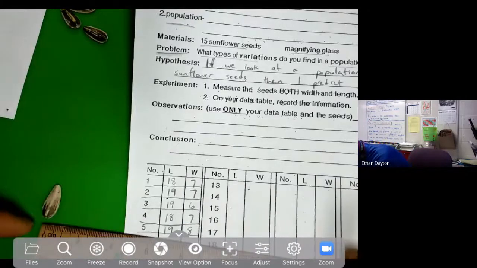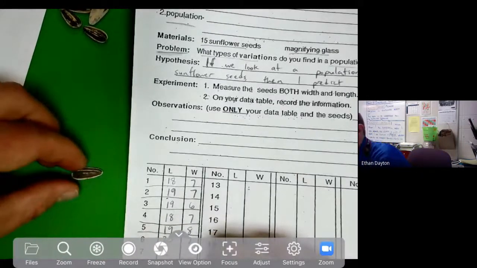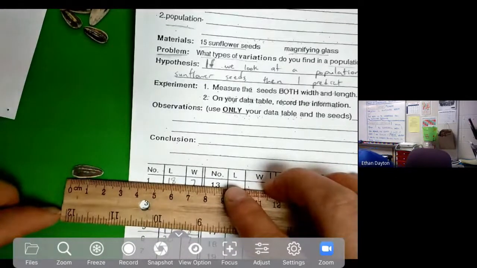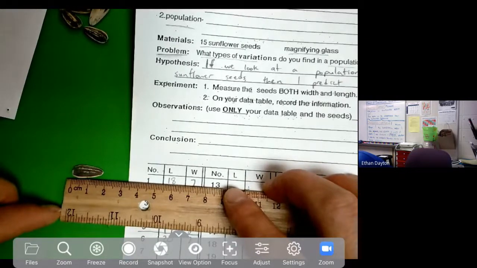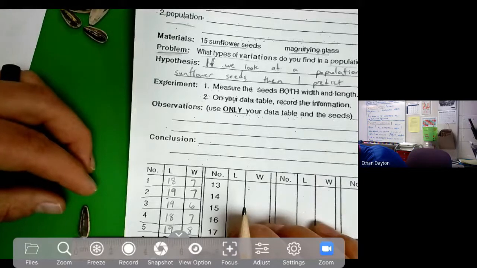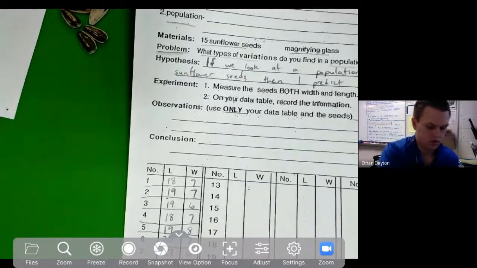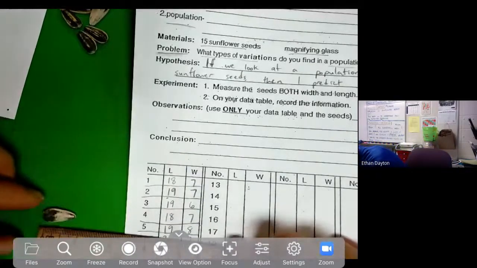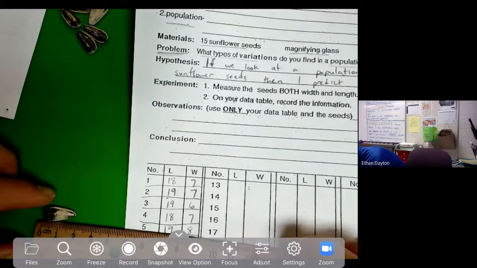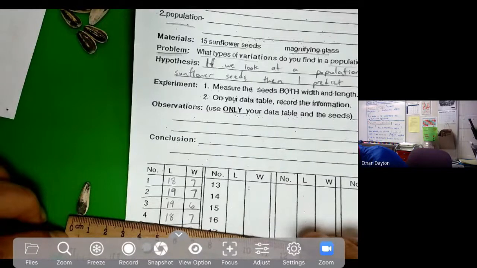Ooh, this one's 20, and 7. 17, and 6. 19 and 8.